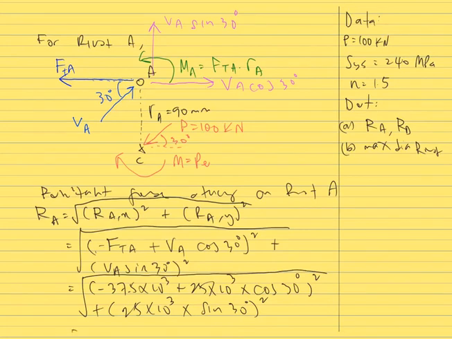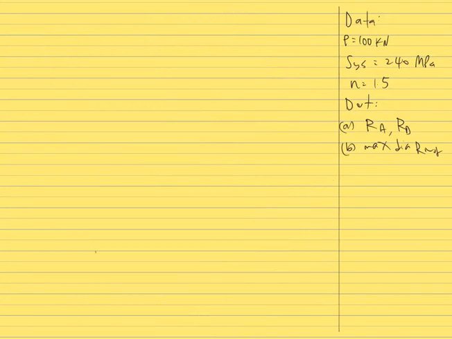So at the end we get RA is equal to 20.185 kilonewton. Next, we'll find the resultant force at rivet D.